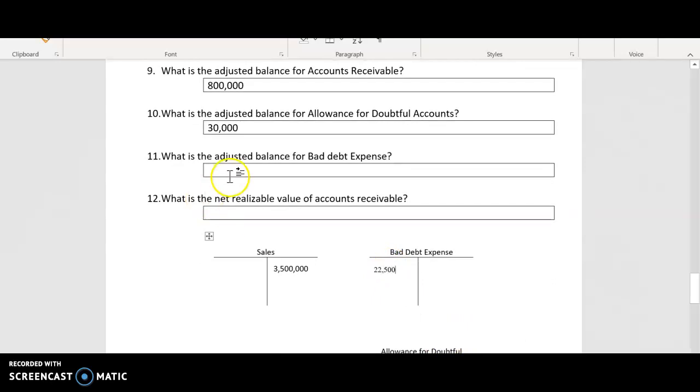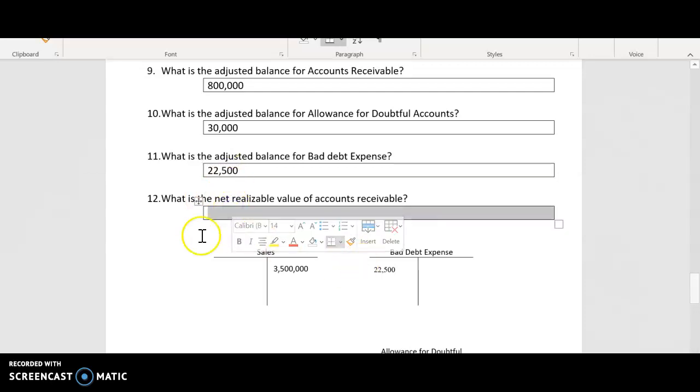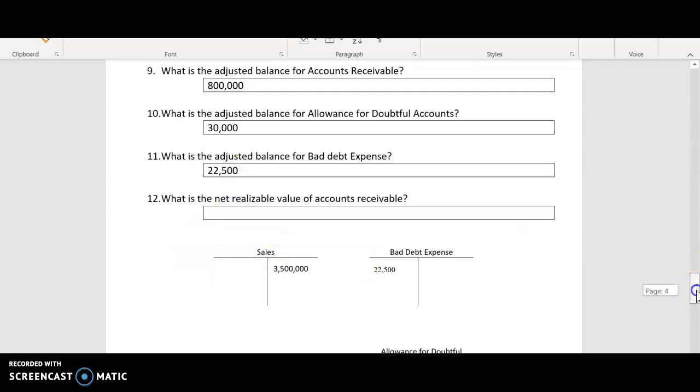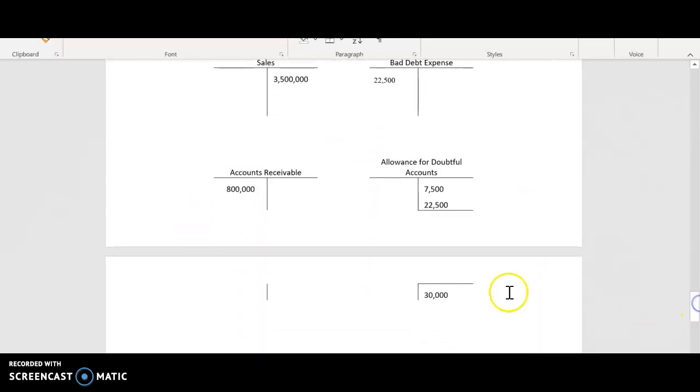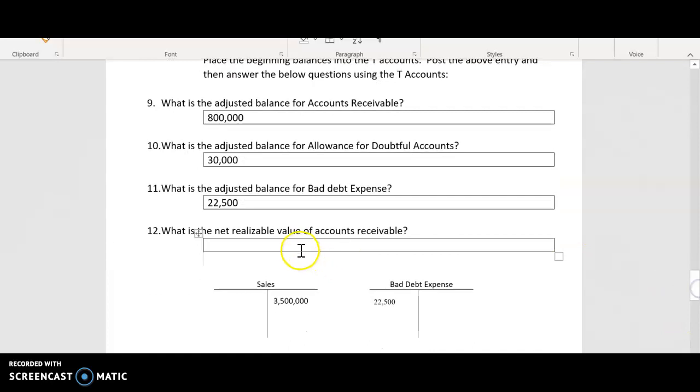We need to post that in our entry. And then the net realizable value of accounts receivable is going to be your accounts receivable minus your balance in your allowance for doubtful accounts. So 800,000 minus your 30,000. If you subtract that, your net realizable value, you expect to collect 770,000 of accounts receivable. Let me know if you have any questions.